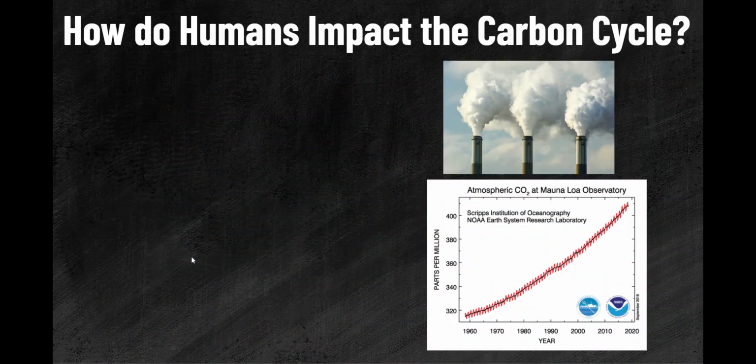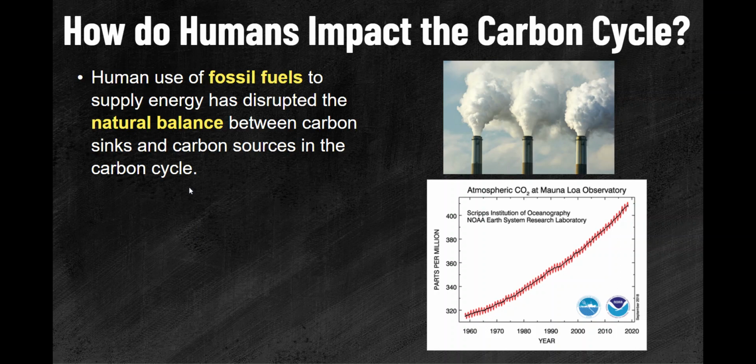With that in mind, now you can better appreciate how humans impact that process, where carbon is being cycled through carbon sinks and carbon sources. The human use of fossil fuels to supply energy has disrupted the natural balance between carbon sinks and carbon sources in the carbon cycle.